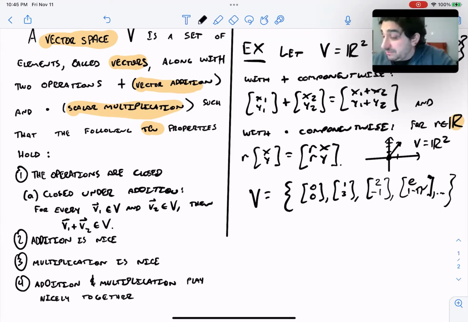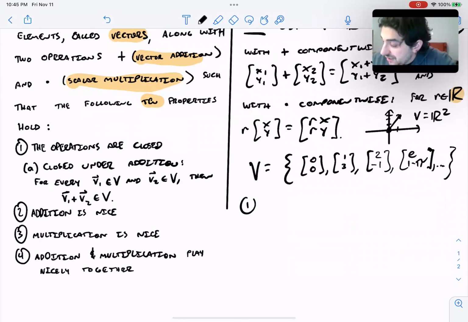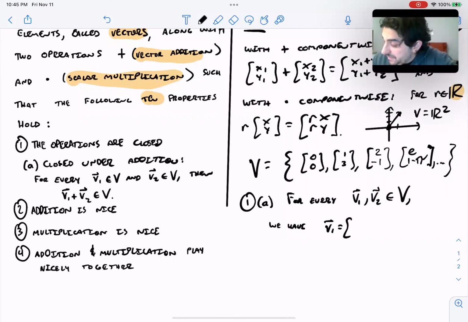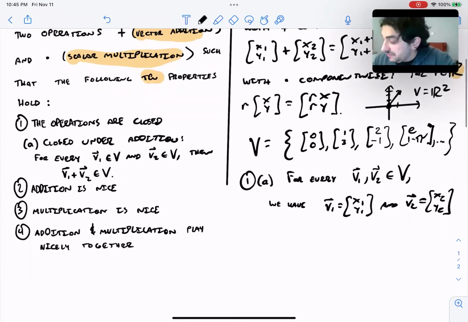This is certainly true for this case. For every 2 vectors I pick in V, by nature of what V is, you can write each of these as some ordered pair, because the vector space we're dealing with is ordered pairs of real numbers.